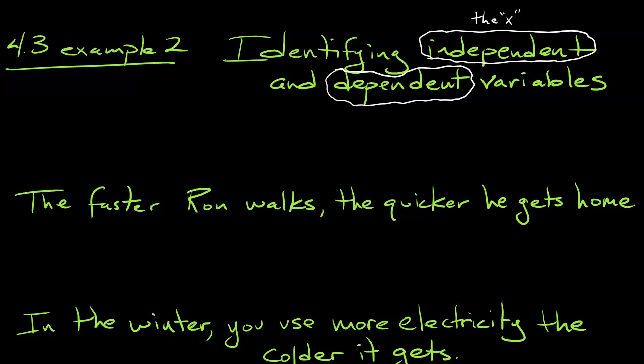The dependent variable is the answer that depends on whatever you put in place of the independent variable. So it depends on the x. So this is what we usually think about as the y. Because every one of our equations is usually set up y equals something x plus something. So our y answer comes from whatever happens to x.